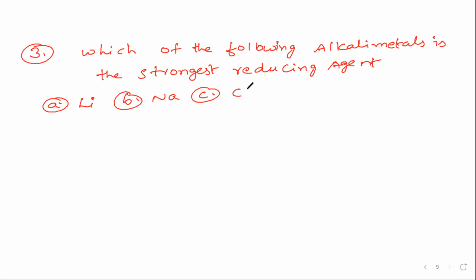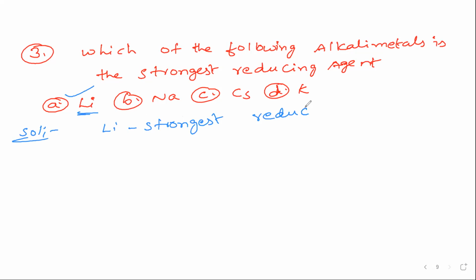Option C, cesium. And option D, potassium. So what is the solution? Lithium is the strongest reducing agent because its reduction potential value for Li+ to Li is equal to minus 3.04 volts.